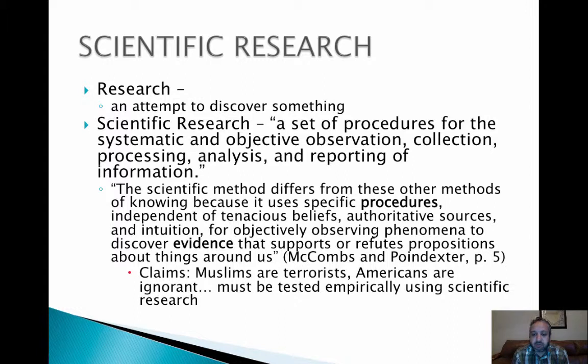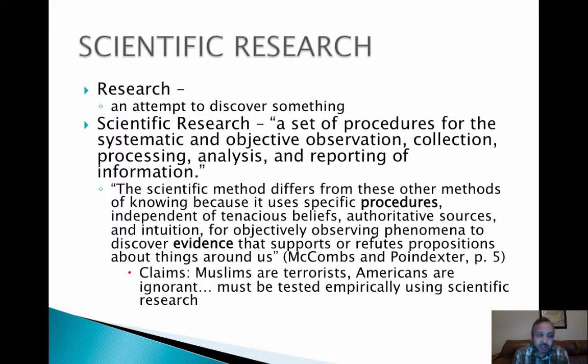This is a quote from McCombs and Poindexter. They say, "The scientific method differs from other methods of knowing because it uses specific procedures, independent of tenacious beliefs, authoritative sources, and intuition, for objectively observing phenomena to discover evidence that supports or refutes propositions, that supports or refutes hypotheses," right? So we have very specific procedures.